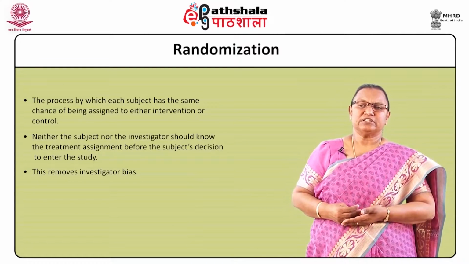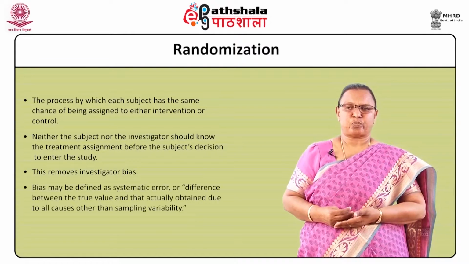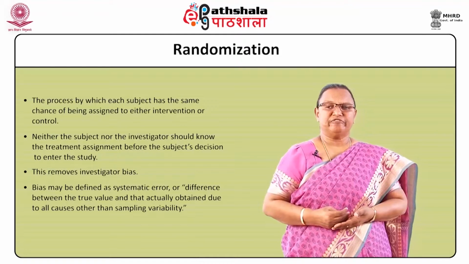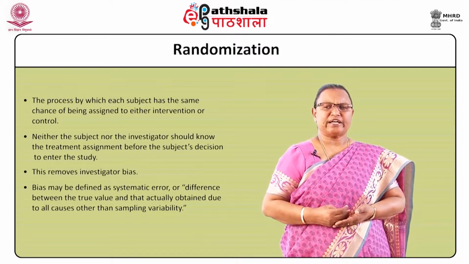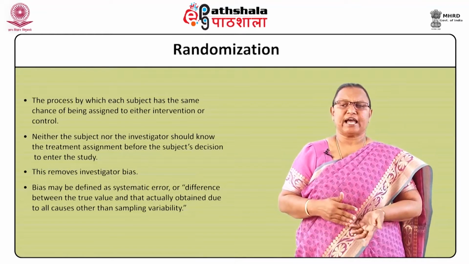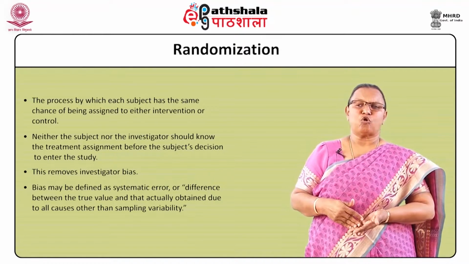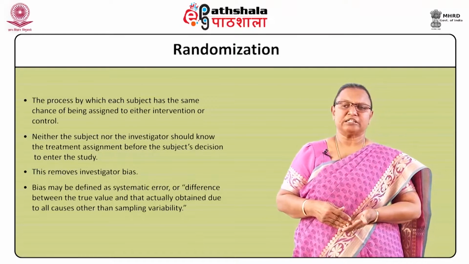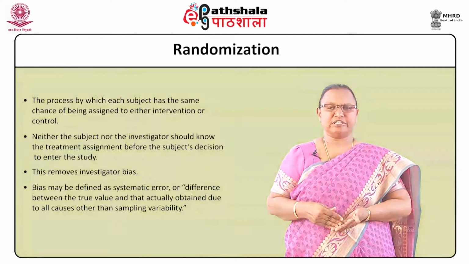This removes the investigator bias. Bias may be defined as a systematic error or difference between the true value and that actually obtained due to all causes other than sampling variability.